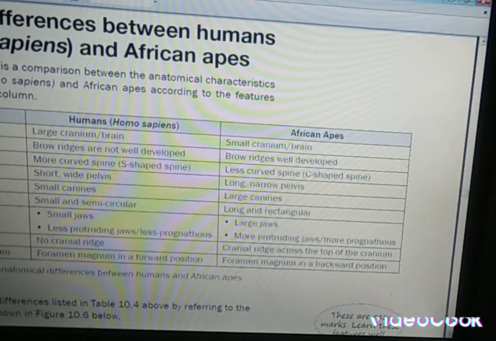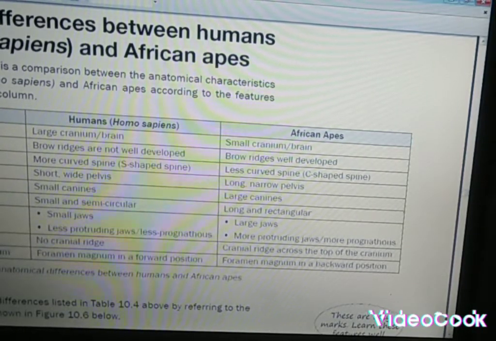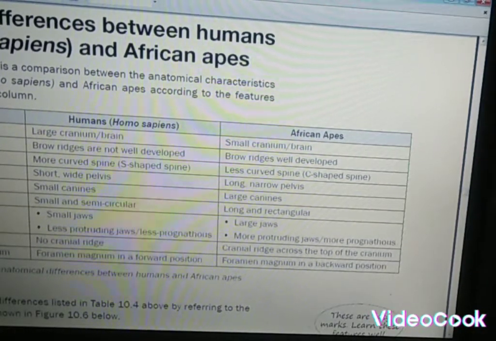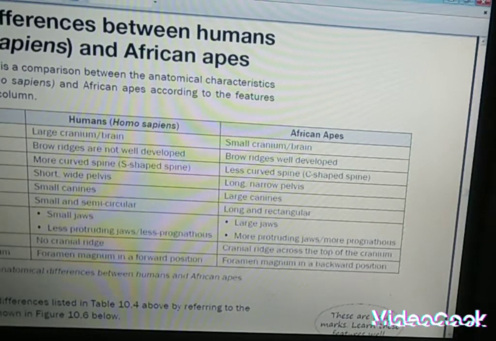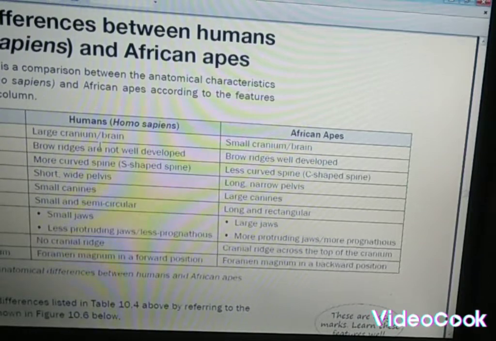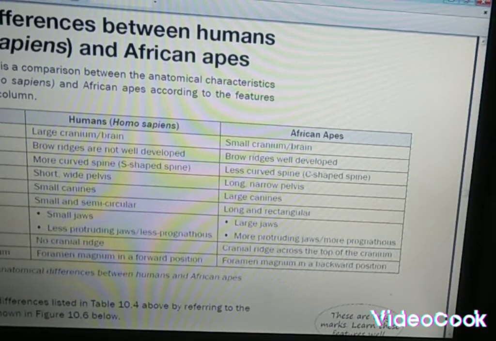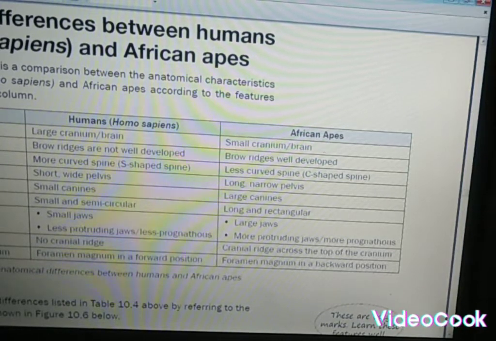What about the differences now? The differences between the Homo sapiens, which is us human beings, and the African apes. Let's look at the cranium. We said humans have a large cranium or a large brain, right? But the African apes have a smaller brain.